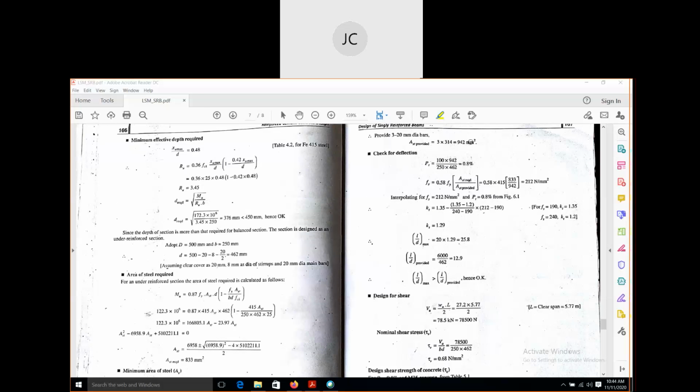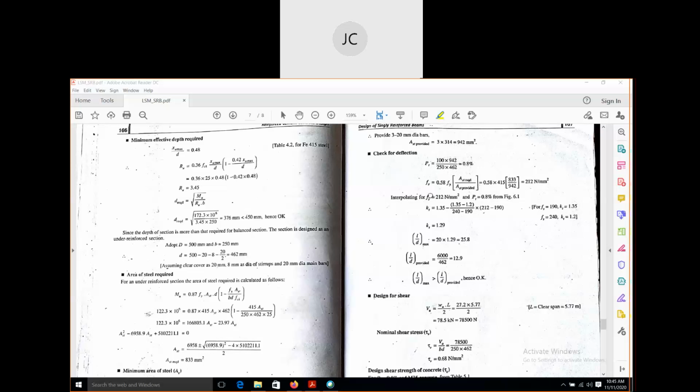We have to consider AST provided, not the required one. How much area of steel we are providing, that value we have to use. So 100 AST, that means AST provided, it is 942 divided by B into D. B is 250 and D in this problem is 462. So we have got the percentage of steel is 0.8%.